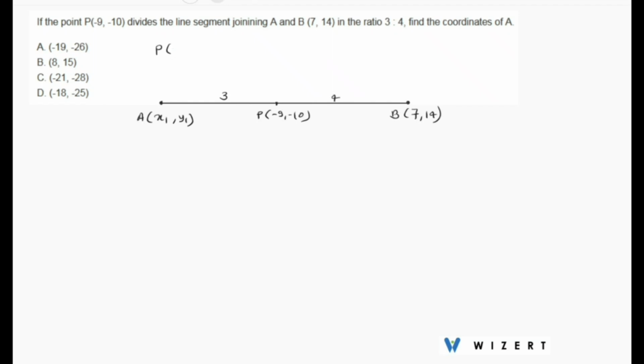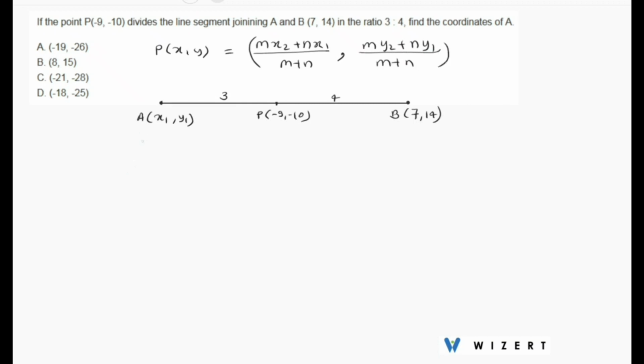So we know P(x, y) is given as (m x2 plus n x1) upon (m plus n), comma (m y2 plus n y1) upon (m plus n).